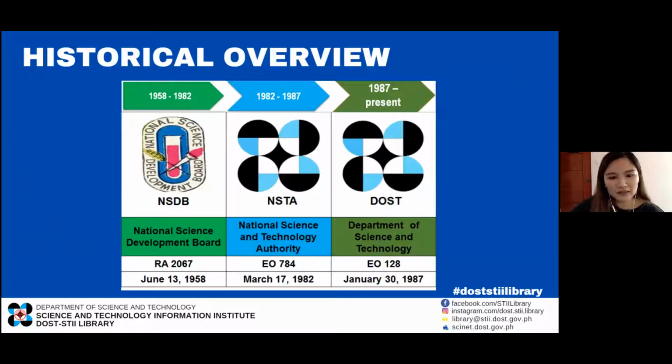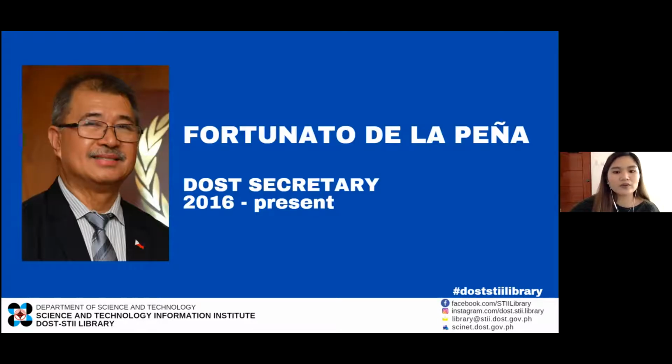Then from 1982 to 1987, it is changed to National Science and Technology Authority. Then from 1987 to the present, it is now Department of Science and Technology. Now, the DOST is headed by Secretary Fortunato T. de la Peña, or also known as SFTP. For the tagline of DOST, it is Science for the People.